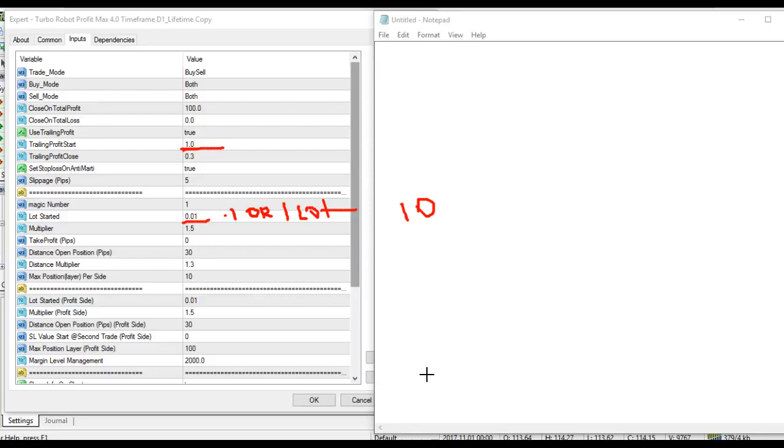Let's say you are putting in 1,000 US dollars, 1K; in a cents account that is equivalent to 100K, meaning 100,000. So if you have this value, you can put it here, $1 one lot. So this becomes one lot here.